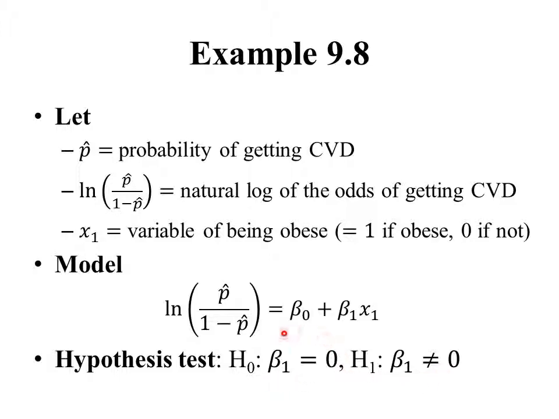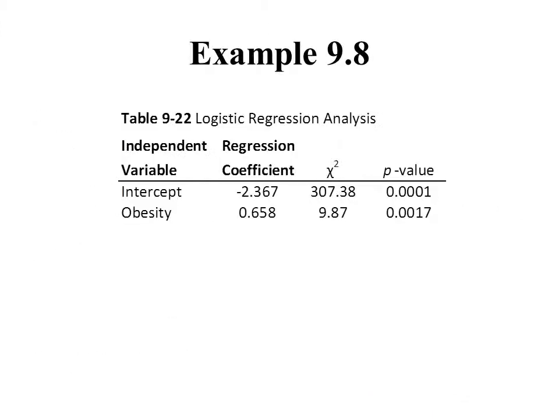Informally, the null hypothesis is that this indicator variable is not significant, and the alternative is that this indicator variable is significant. Okay. And again, the calculations behind logistic regression are very complicated, so we won't even talk about how the numbers are calculated.